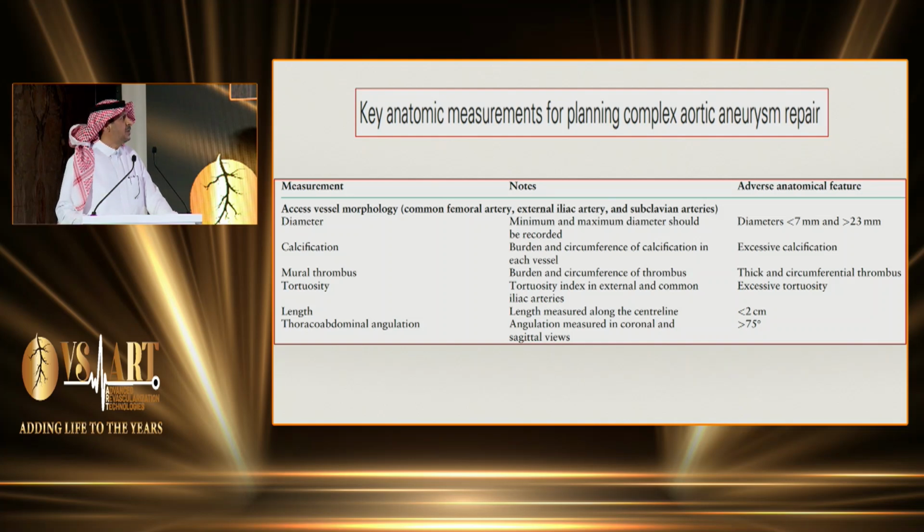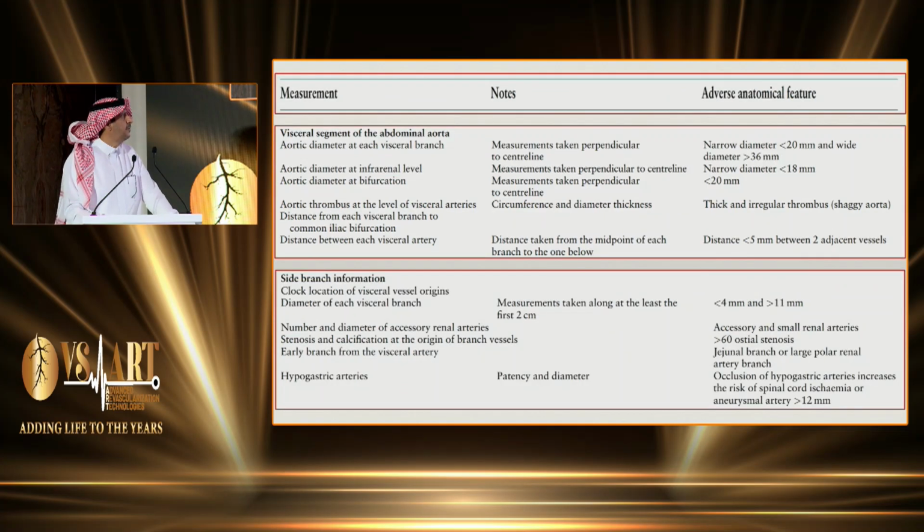So just the key points when you are planning for fenestrated and branched graft. This is for the access, as in standard EVAR. You can plan it for the access. For the visceral segment, the abdominal aortic diameter should be not less than 20 millimeters, and the aortic diameter inferiorly not less than 18 millimeters.